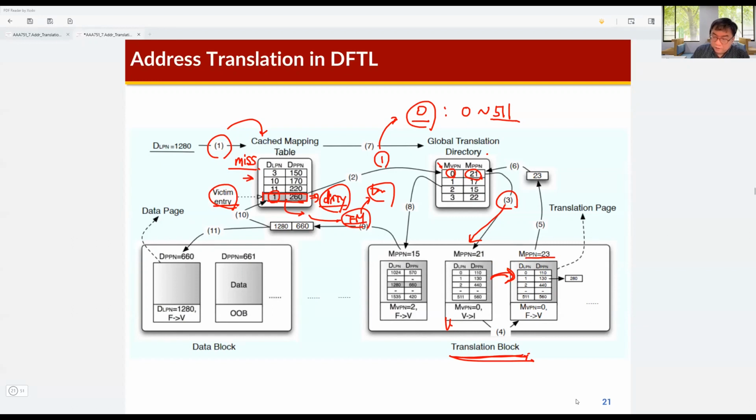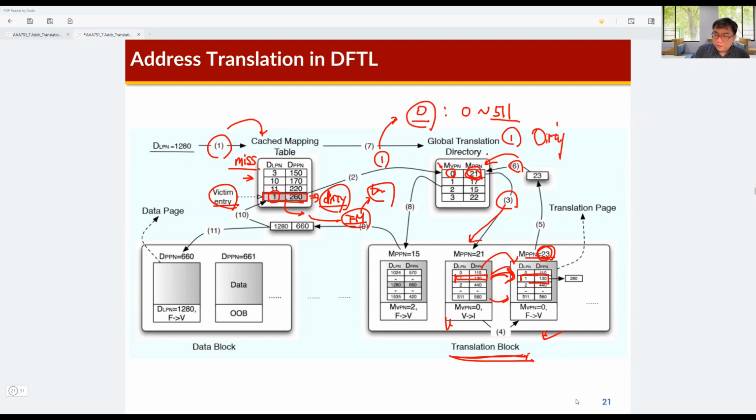The physical block number for this translation block is 23. Because in-place write is not possible, the updated information is written to the new block, and the other page translation information is just copied to the new block. Because this block location is updated, the updated block location is also written to the physical page number of the global translation directory. Okay, so dirty.